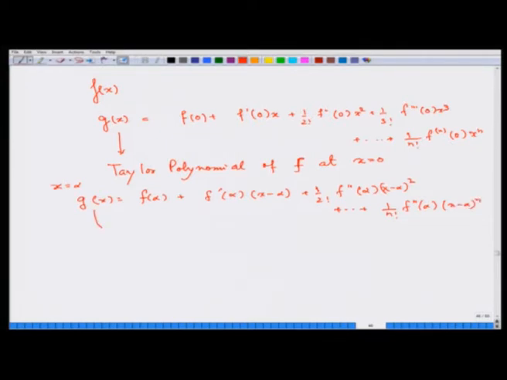This is called the Taylor polynomial at x equal to alpha. So that is just wonderful stuff.